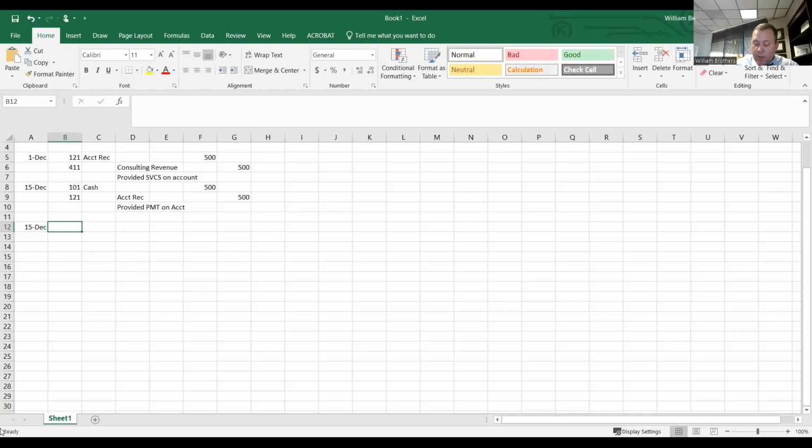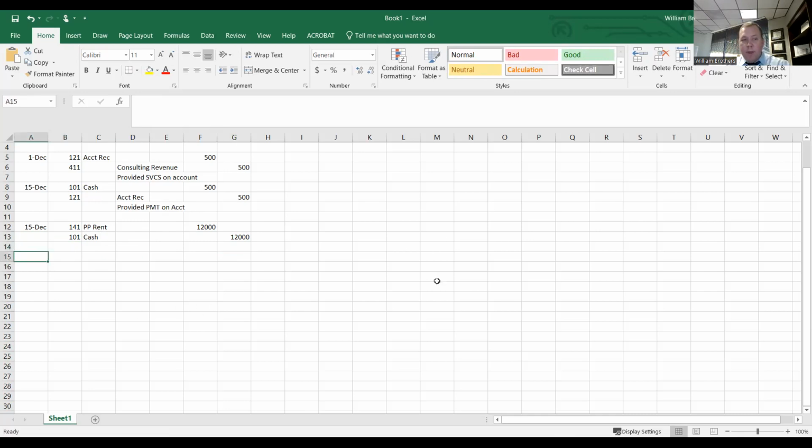In that situation, I'm going to have an asset, prepaid rent, and assuming $1,000 a month, that would be $12,000. And then my offset is going to be cash for $12,000 as well. Now, at this point in time, I have not recognized any expense whatsoever.